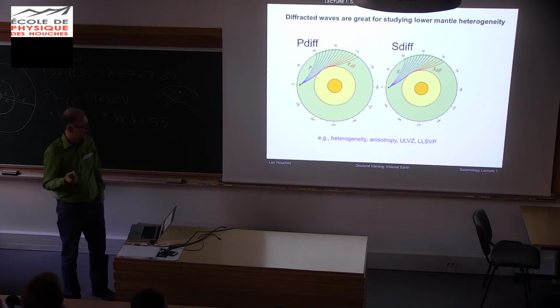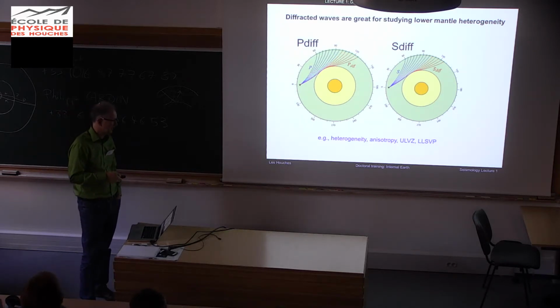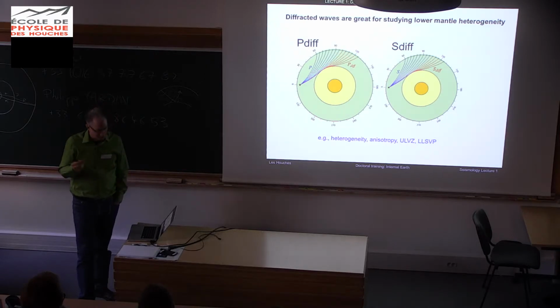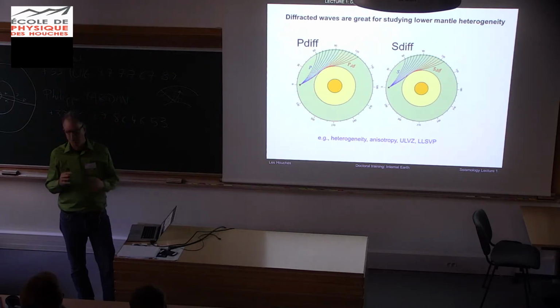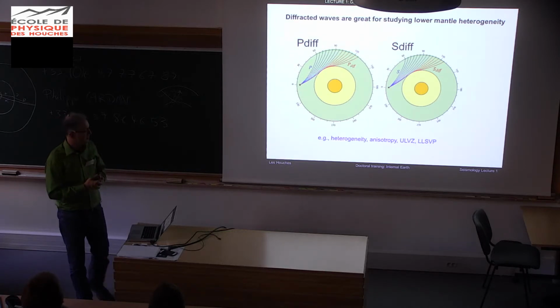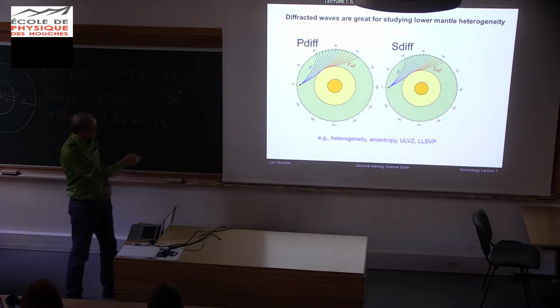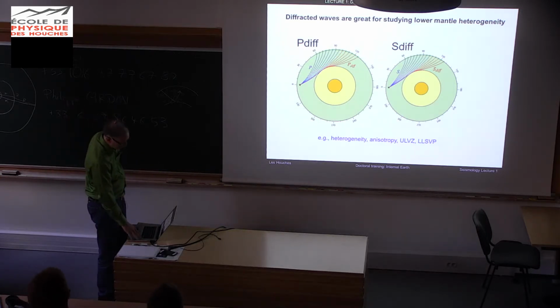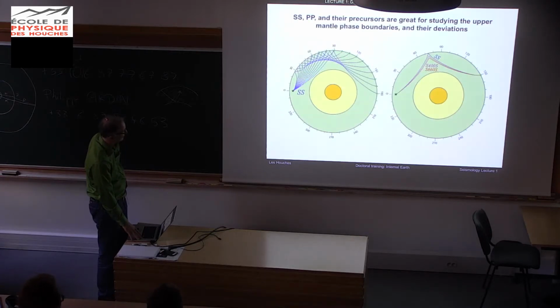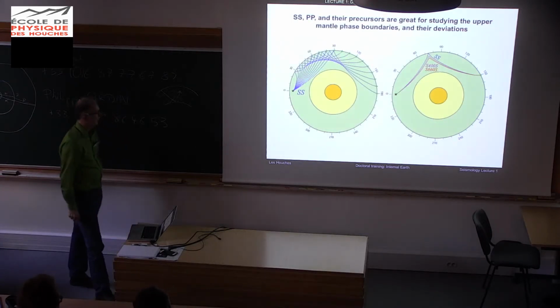I think we should just call them LLVPs, which I've advocated in some papers, but some of my seismology colleagues get a little mad at me because the shear wave drops are disproportionately larger than the P wave drops, suggesting possibly composition. So they're trying to say that these are low velocity zones and they're really low for S waves, but whatever. Okay, so these guys are really pretty powerful, and they kind of blanket the core.